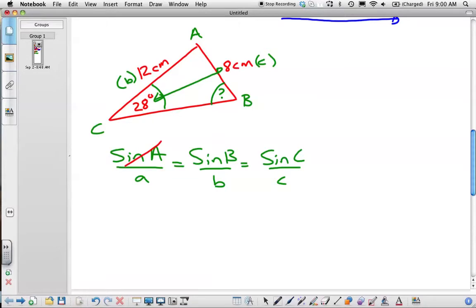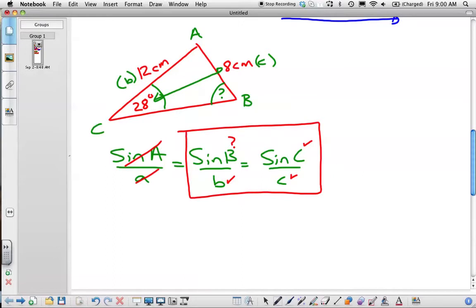I don't know anything about the angle A or the side a, so I can just cancel it out. This is the angle B I want to find, and I have the side b, and I have the angle C, and I've got the side c. So I'm going to use this section of the formula.